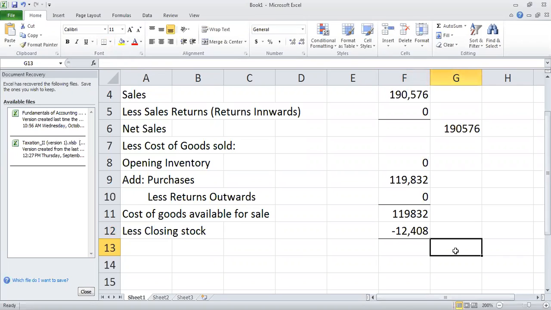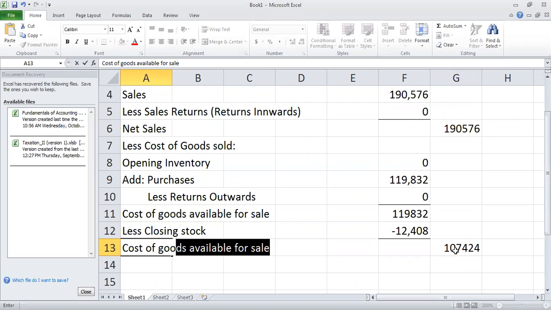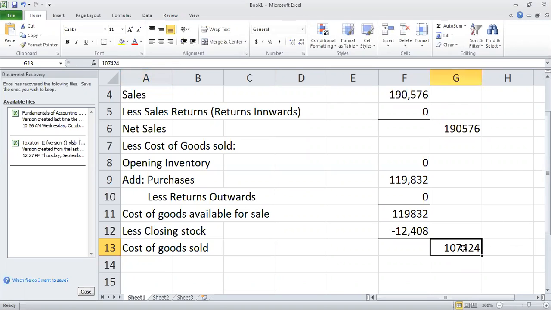And the figure that you get now, 119,832 minus 12,408, would be called our cost of goods sold. And the figure is 107,424. So this now will be our cost of goods sold. All right.